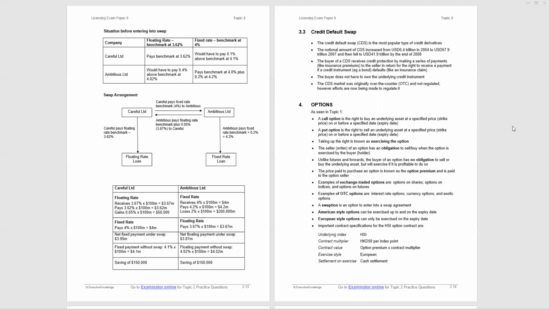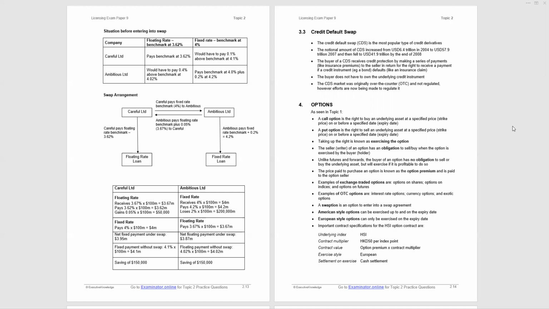So its net floating payment, well, we can see that it's 3.87, I beg your pardon, it's 3.67 that's paying the floating rate plus another 200,000. That takes us up to 3.87 million. But that is still better off than the floating payment without the swap, which would have been 4.02 million. So again, Ambitious is better off by 150,000.